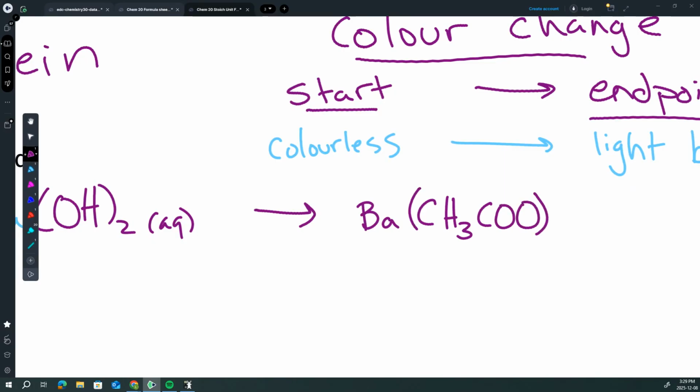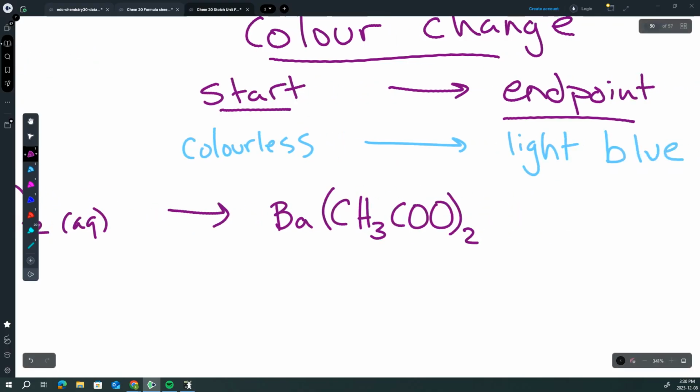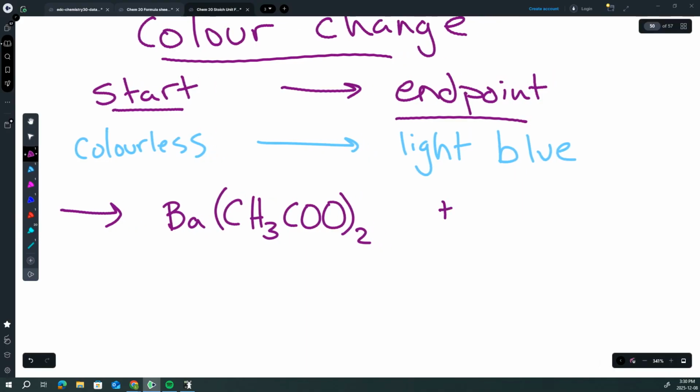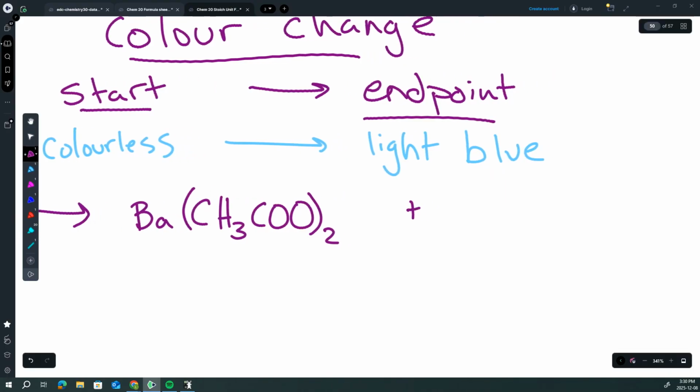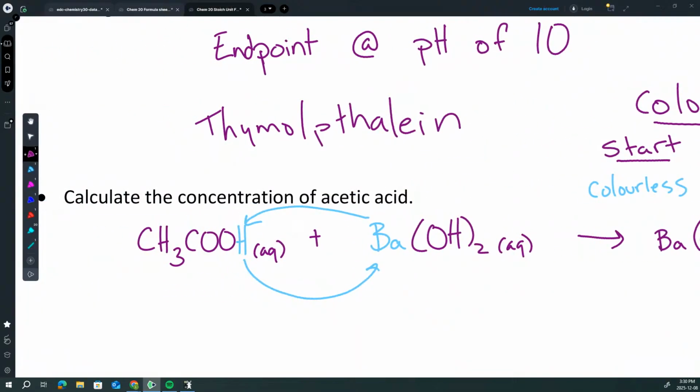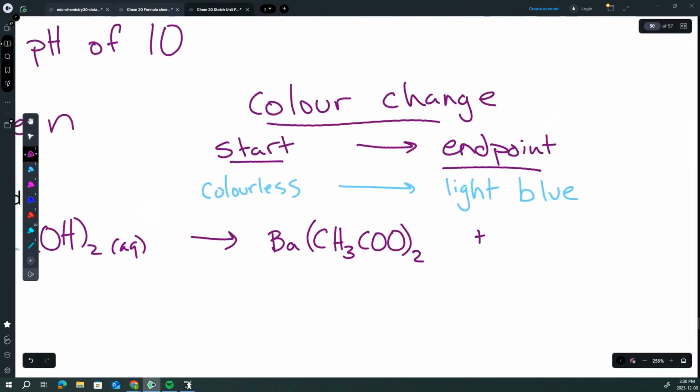Now I'm going to make sure that I have 2 of these. Because this is a polyatomic ion, I need to put brackets around it, especially when there's more than one of them. Okay, so that is balanced. I will worry about the state later. So in our first product, we took care of barium with the acetate ion, but now we need to take care of hydrogen going to live with hydroxide.